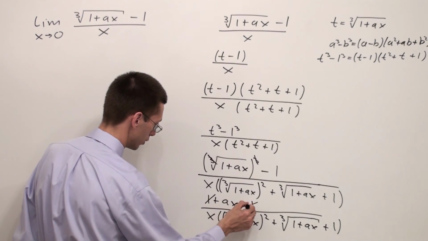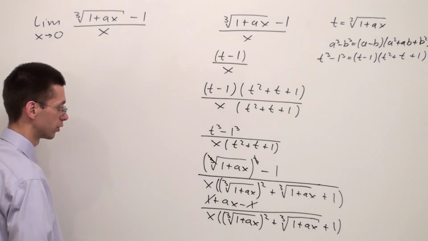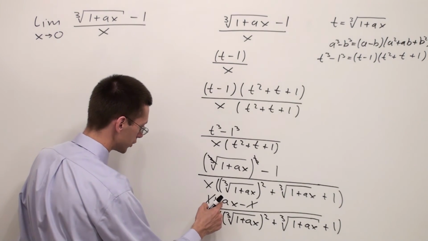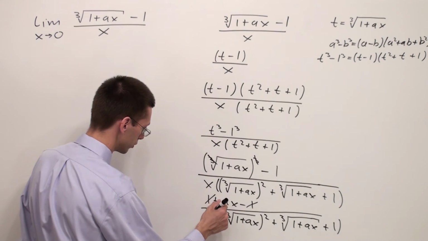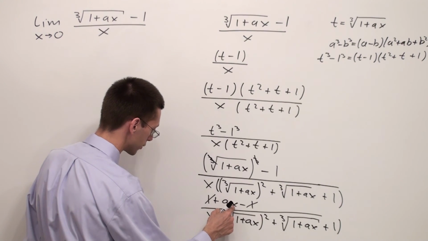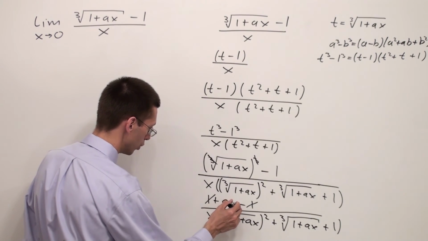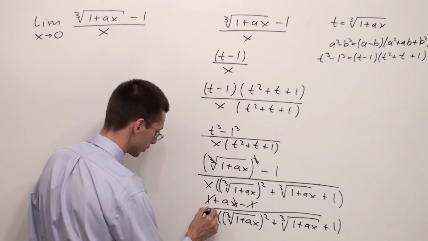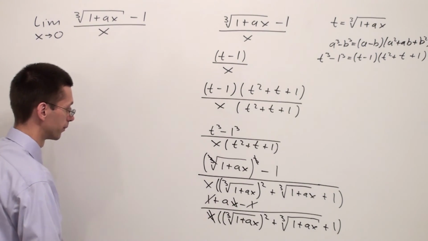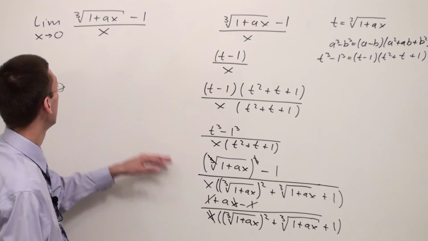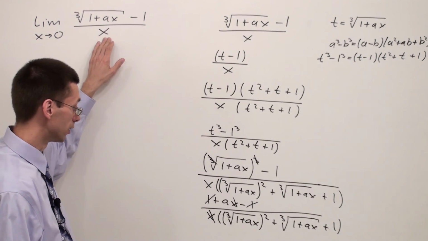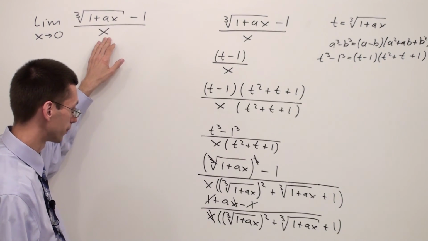So these two ones are going to subtract from each other. Please notice that we are going to stay with ax, and I have x also in the denominator. So these two x's are going to cancel out. As you can see, I eliminated this uncomfortable x.